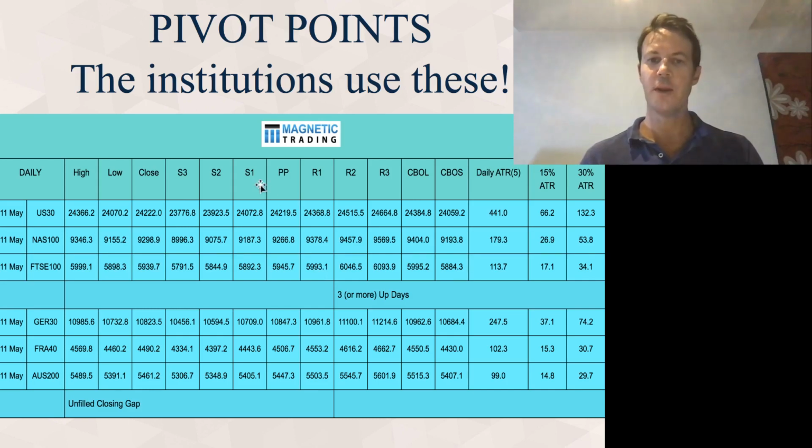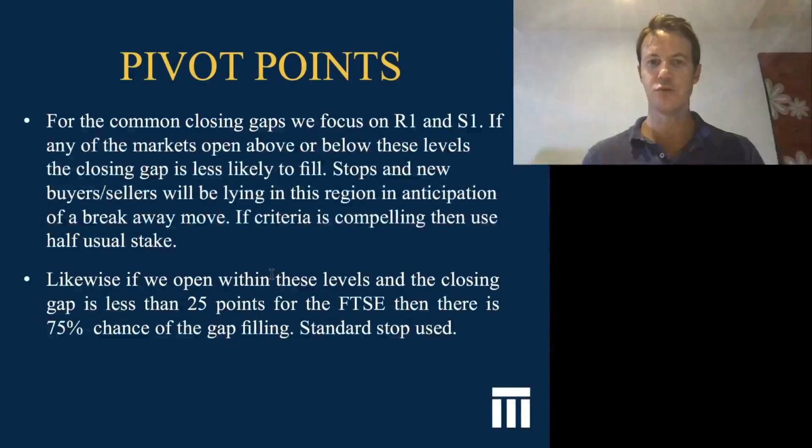But if we open beyond S1 or R1 at the open, the chance of the gap filling is reduced. The reason for this is that stops or new buyers or sellers will likely be lying beyond this S1 and R1 region. So therefore we want to avoid the gap if we're beyond that region.